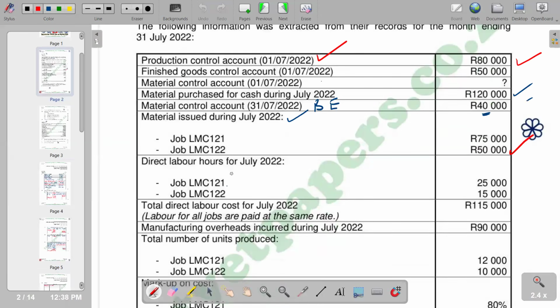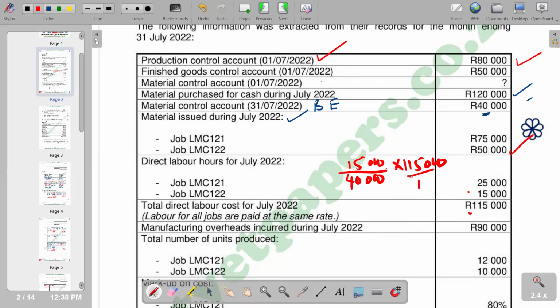Then we check the next one. We've got direct labor. On direct labor, remember we are supposed to apportion. We've got a total of 40,000 by saying 25,000 plus 15,000, so it becomes our denominator. Then our numerator becomes our 15,000 for job LMC 122. And then we multiply by the total direct labor cost, which is 115,000.